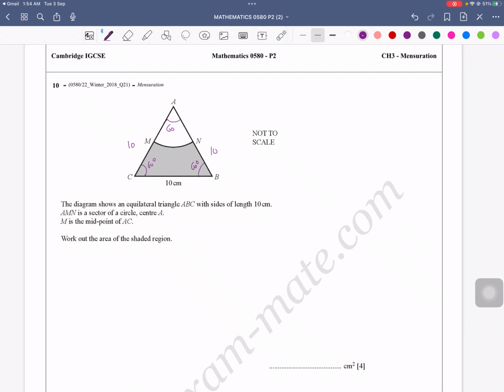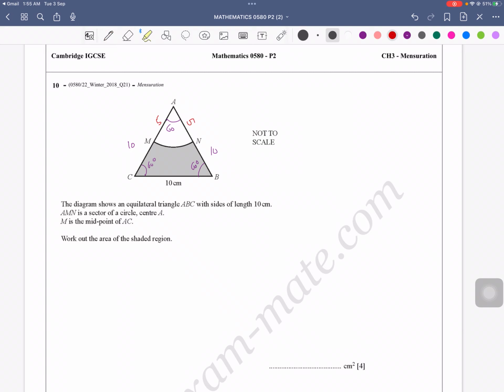Now, in order to find the area of the shaded region, we are simply going to subtract the area of the triangle from the area of the sector. They have also told us that M is the midpoint, so you and I both know that the radius is 5.